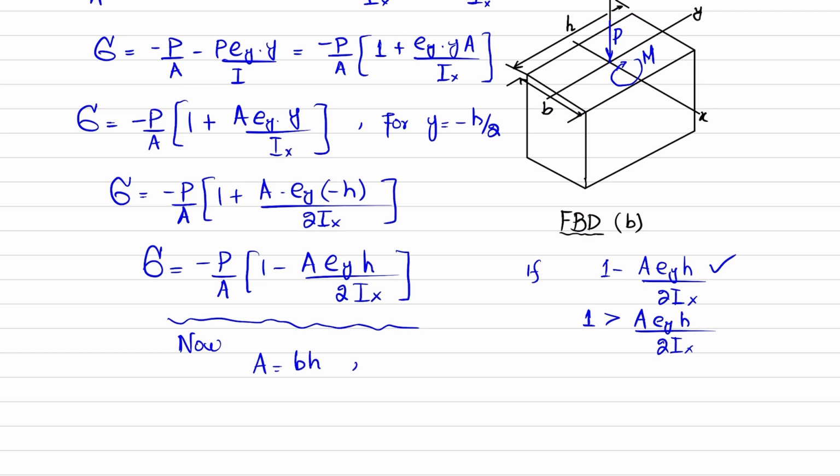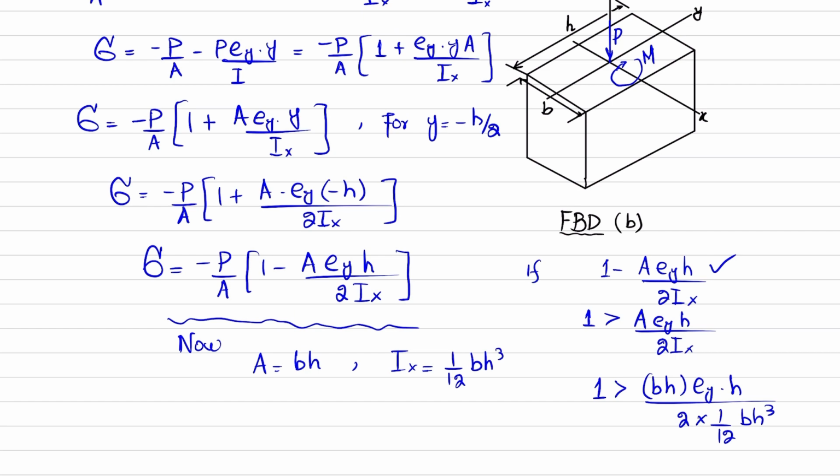And what is Ix? The moment of inertia about the x-axis. This is the x-axis, this is height, and this is breadth. So Ix is bh cube over 12. So put it in this formula: 1 is greater than b multiplied by h into ey into h divided by 2 multiplied by 1 over 12 bh cube.